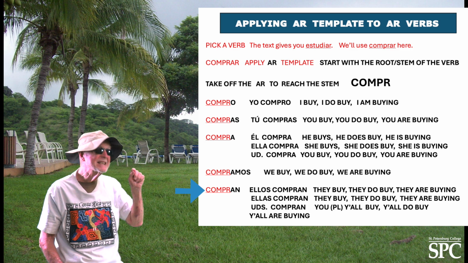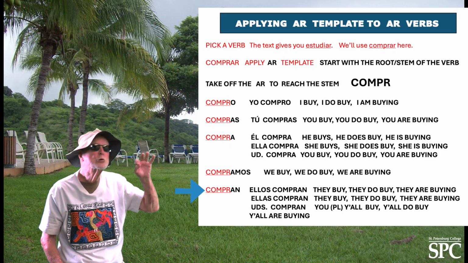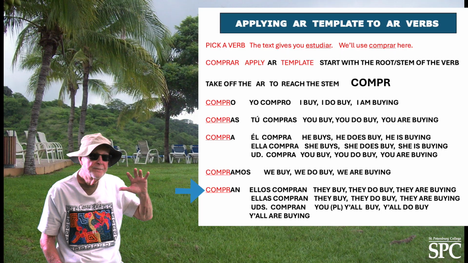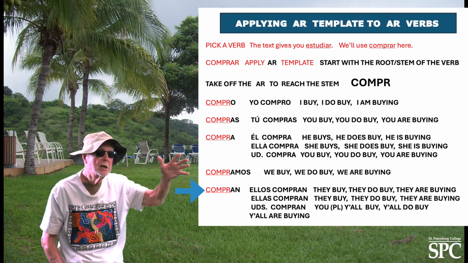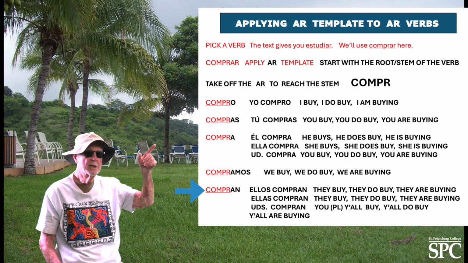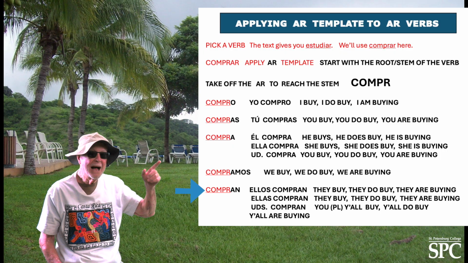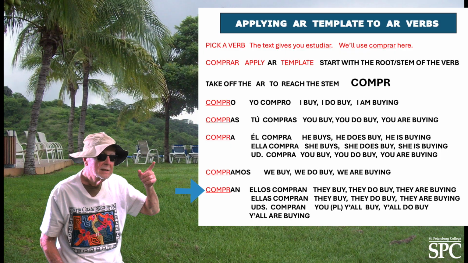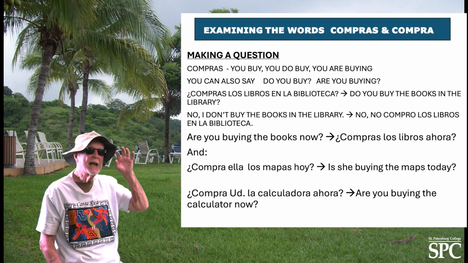And then ustedes. If you're in New York, it's going to be used by, okay? But if you're here in Florida, in the South, it's y'all, or you plural. I put a PL there if you notice. You plural. You buy, y'all do buy, y'all are buying. Perfect, okay?